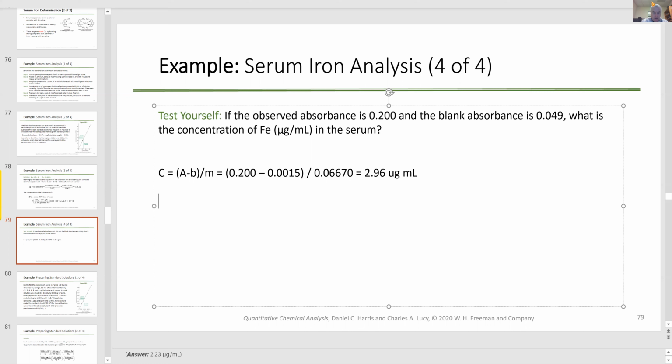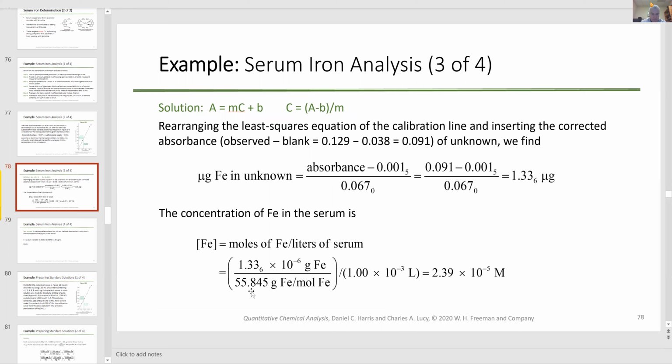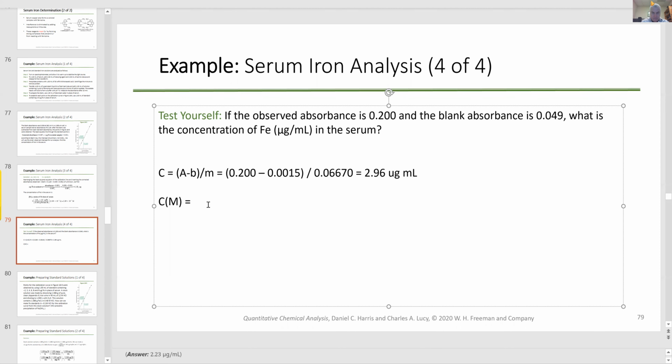And C in molar units: divide by the molar mass, 55.85, and multiply by 1,000, and that's going to be moles per liter.